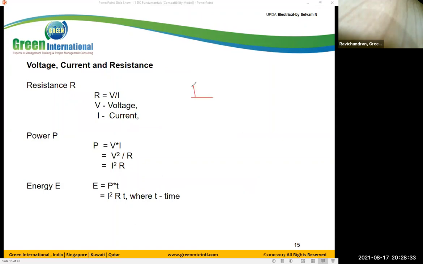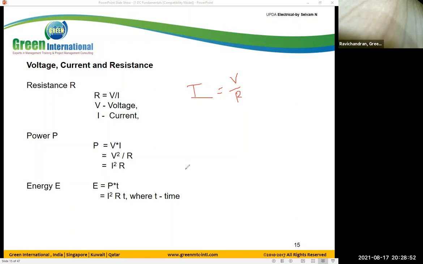I is equal to V by R, from Ohm's law. Once you know this formula, we can find the voltage, current and resistance: two of the three things the question paper will give, and we need to find the third one.